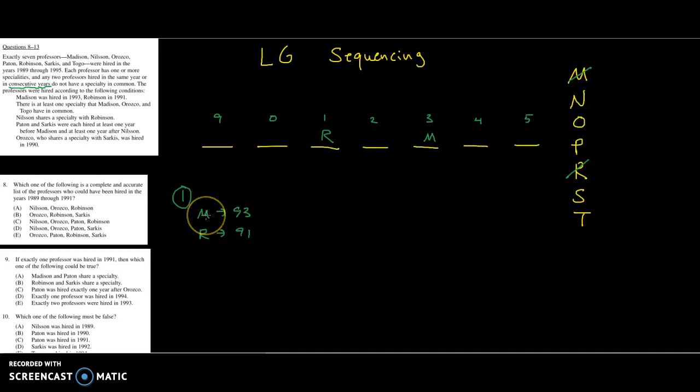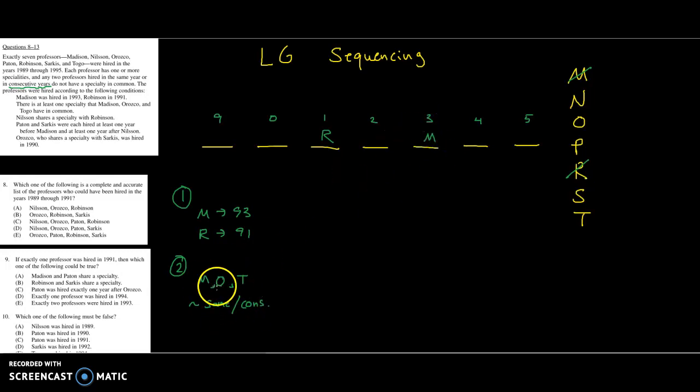Okay, what's rule number 2? There is at least 1 specialty that Madison, M, O, and T have in common. Well, according to the rules that we have there, if professors have a specialty in common, they have to be spaced at least 1 full unit apart. So I would maybe abbreviate this something like this. I'd say M, O, and T, they can't be in the same space nor in a consecutive space, right?